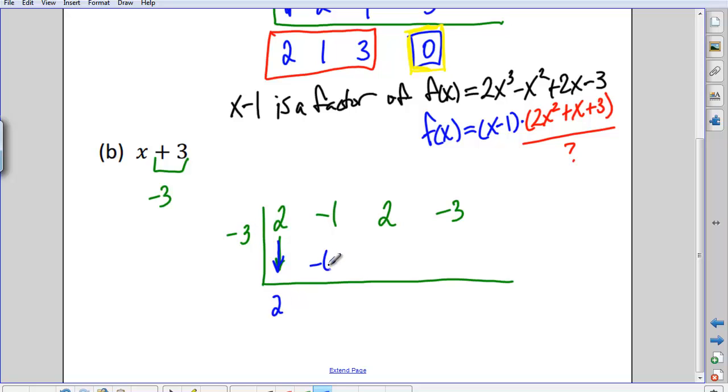Negative 3 times 2 is negative 6. If we add those, we get negative 7. Multiply there, that's a positive 21. Plus 2 is 23. Negative 3 times 23 is negative 69, plus negative 3 is negative 72. Negative 42, that's not 0.